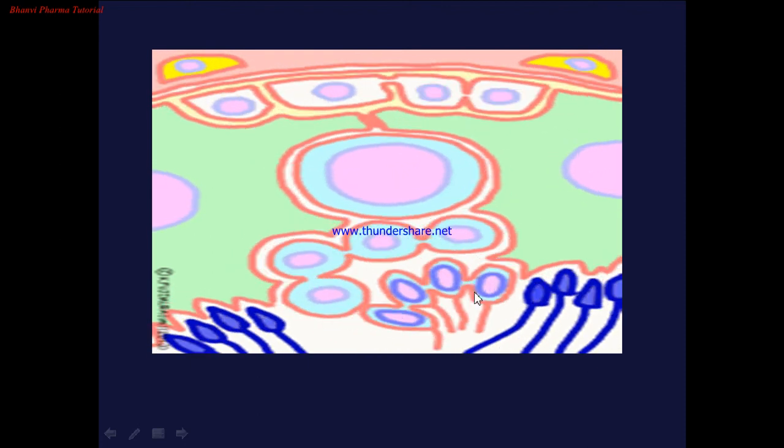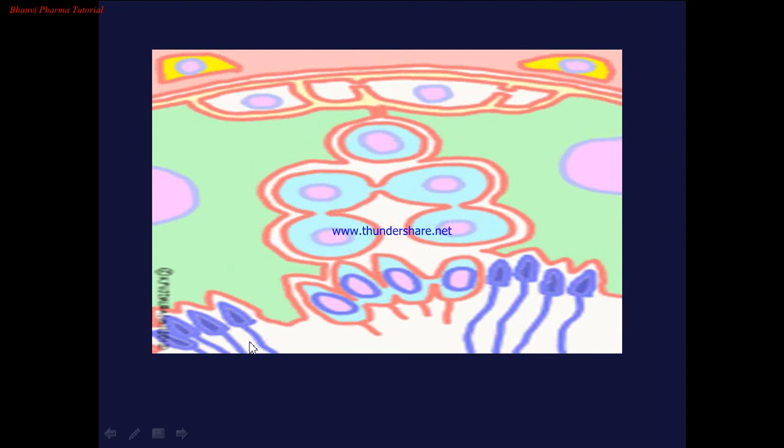These 2 haploid cells are converted into 4 spermatids. These 4 spermatids are converted into spermatozoa. The animated diagram will help your imagination.